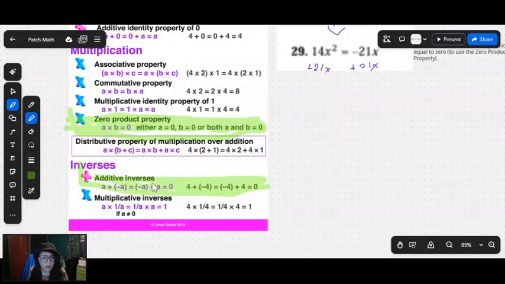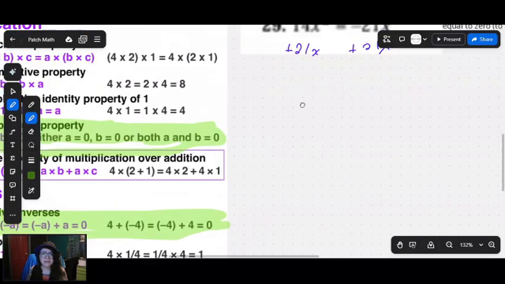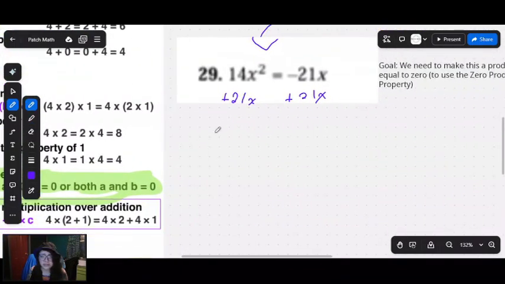We have a goal of getting 0 on one side. How do we mathematically get 0 on one side without accidentally deleting information that we don't want to delete or violating the laws of mathematics? Additive inverses, and then what you do to one side, you do the exact same thing to the other side of the equation, and you're done.